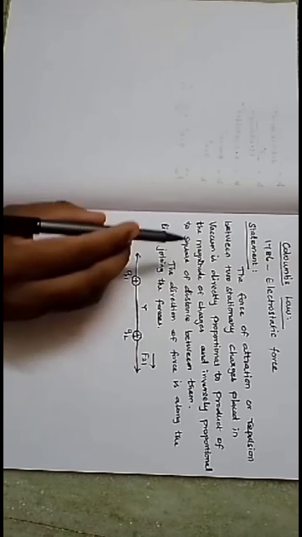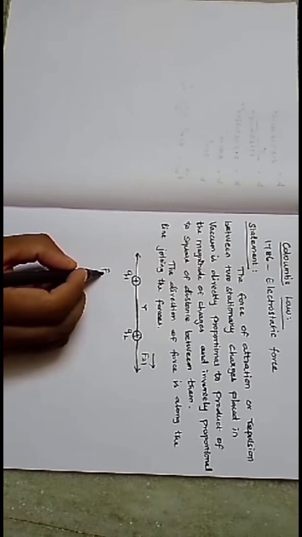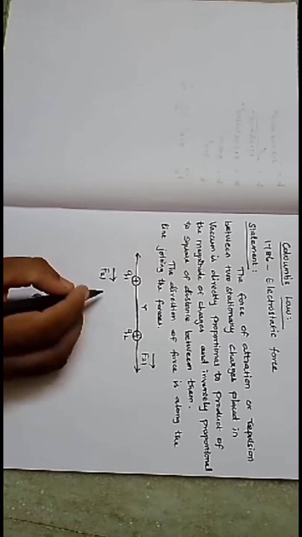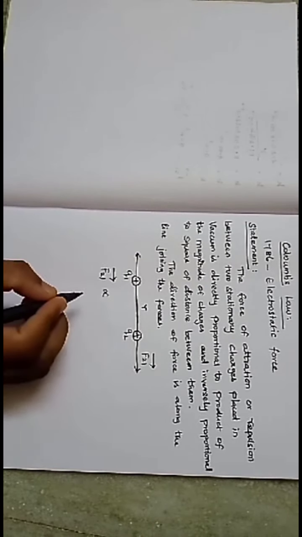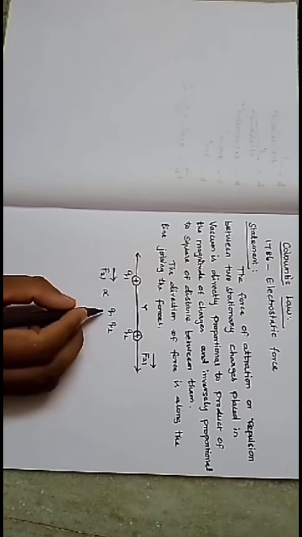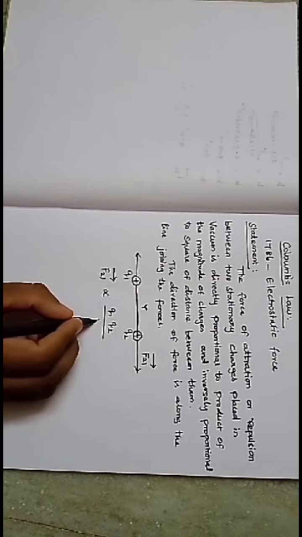According to Coulomb's law, F21 is directly proportional to the product of the magnitude of the charges and inversely proportional to the square of the distance between them.